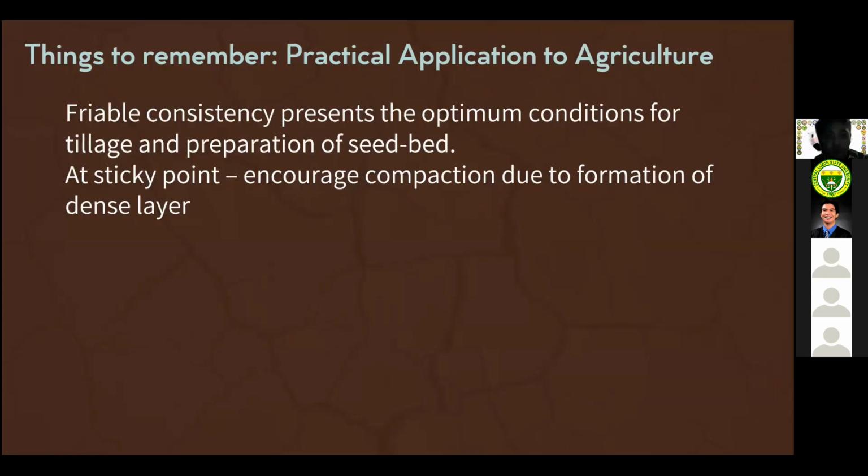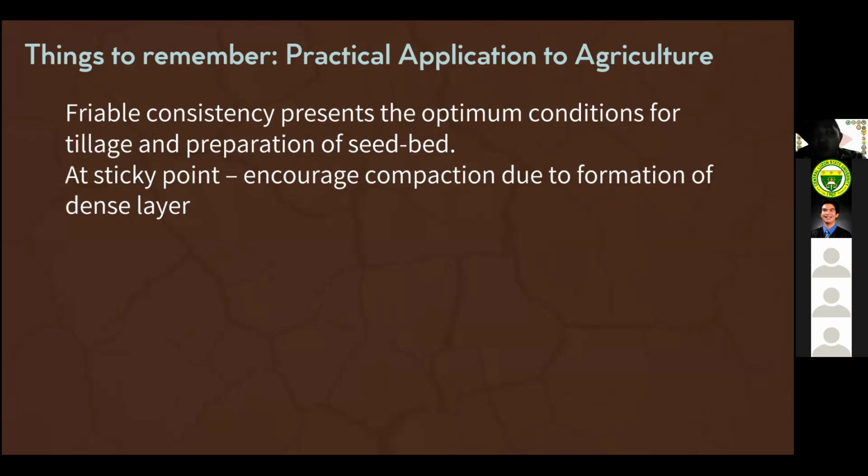So what is the importance of soil consistency to agriculture? Friable consistency presents the optimum condition for tillage and preparation of the seedbed. Unless rice paddy yung gagawin natin dun sa field natin. So pag vegetable, di ba sa upland, ano yung consistency ng soil na gusto natin?